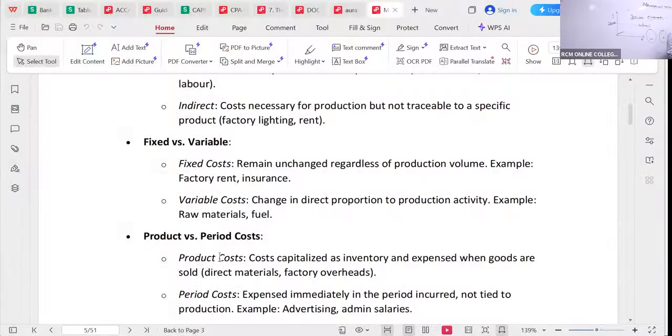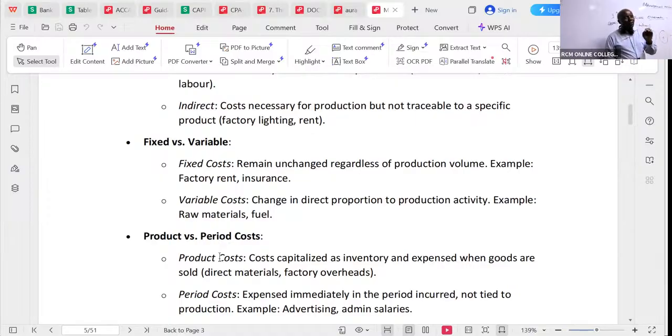This one is quite a tough one. Many students are not able to differentiate between product and period costs. Period costs are never tied to inventories. They are never tied to what we produce as a company. They're always tied to time, so period costs are time-based. For example, we pay salaries on a monthly basis.